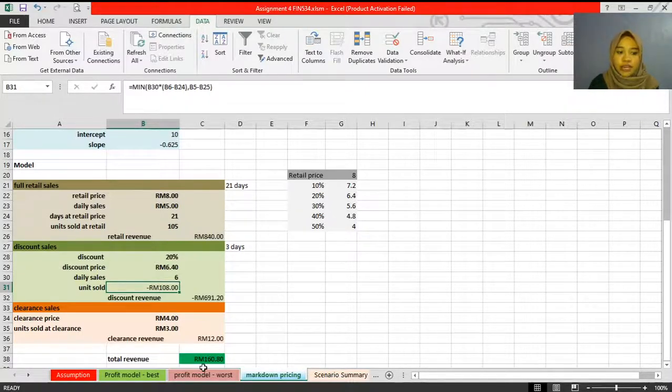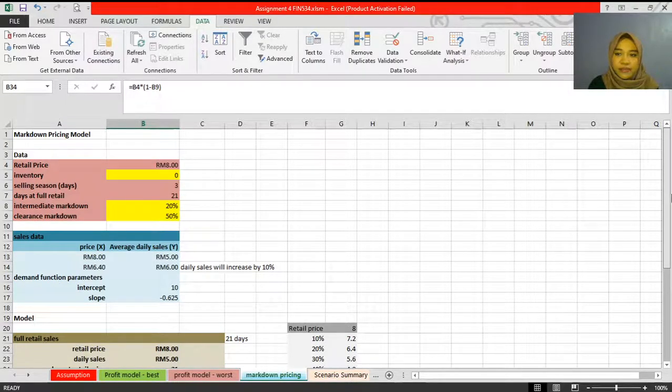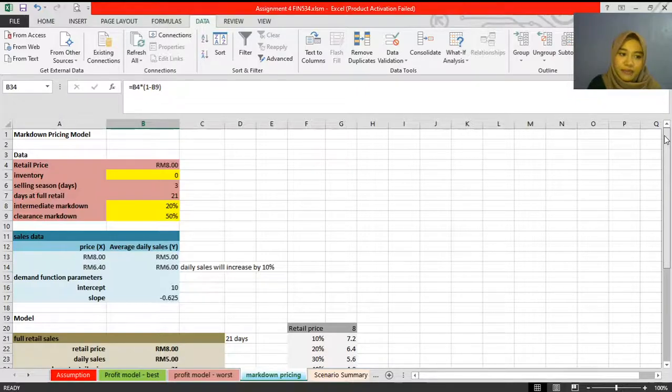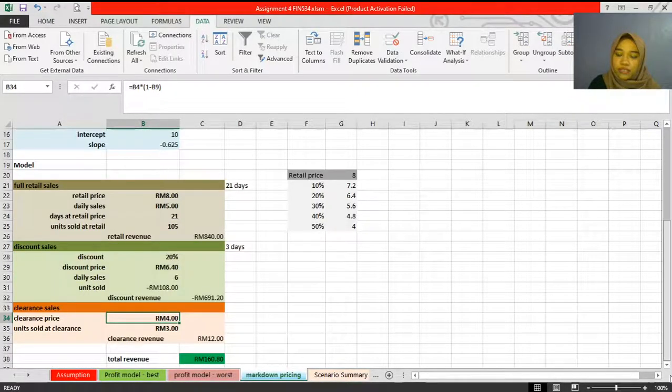And then for my clearance sales, I got it from my retail price RM8 multiplied by 1 minus my clearance markdown, which is 50%, and I got RM4. The unit sold at clearance is RM3, and my clearance revenue is RM12.